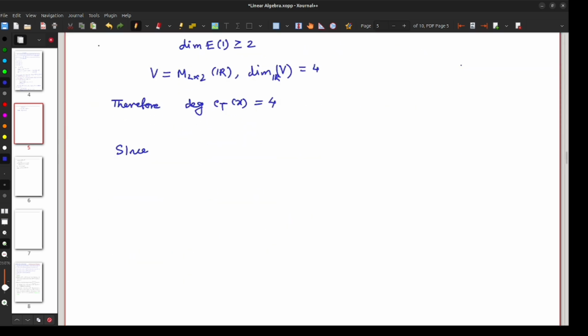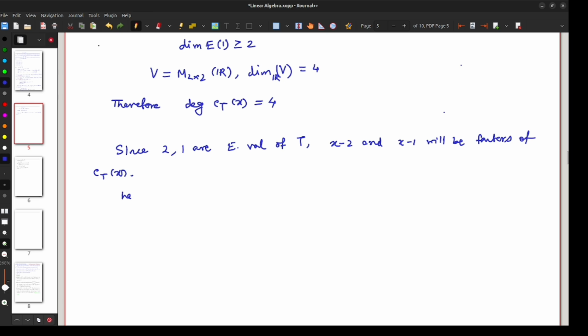Since 2 and 1 are eigenvalues of T, x minus 2 and x minus 1 will be factors of the characteristic polynomial of T.